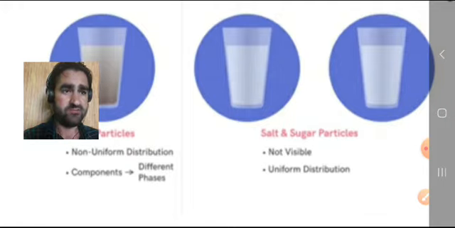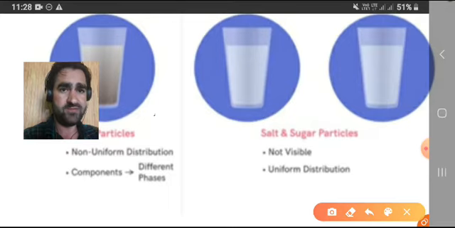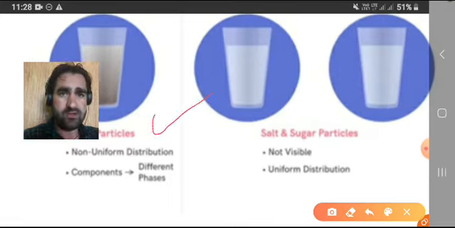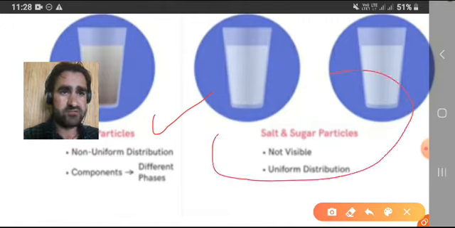As you can see, we have three glasses. Here we have a different kind of mixture, and these two are different from the first one. As we can see through our naked eyes, there is non-uniform distribution of particles in this particular glass.